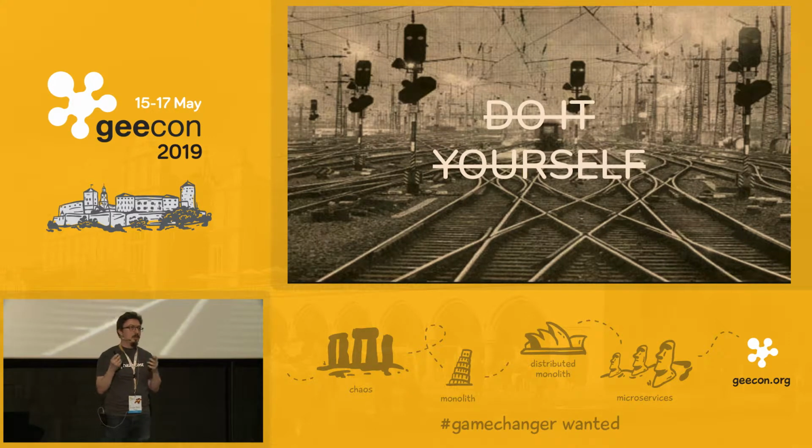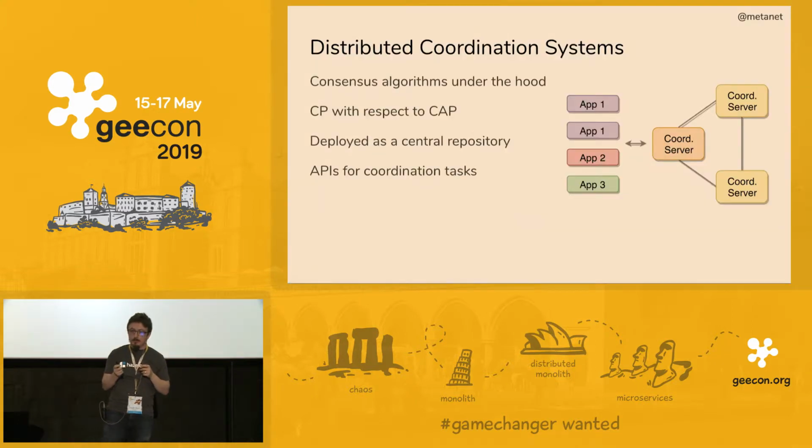Okay, then how can we deal with our coordination requirements? Of course, there is a bunch of systems that offer solutions for these problems. These systems use consensus algorithms under the hood, so they always preserve strong consistency for the underlying data. So with respect to the CAP principle, they are CP systems. And we use these systems to separate our application logic and the coordination logic.